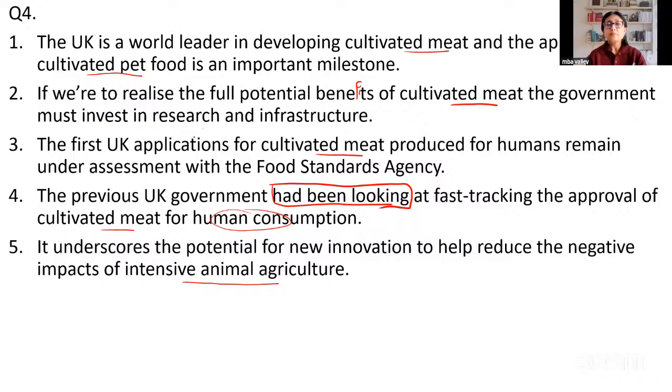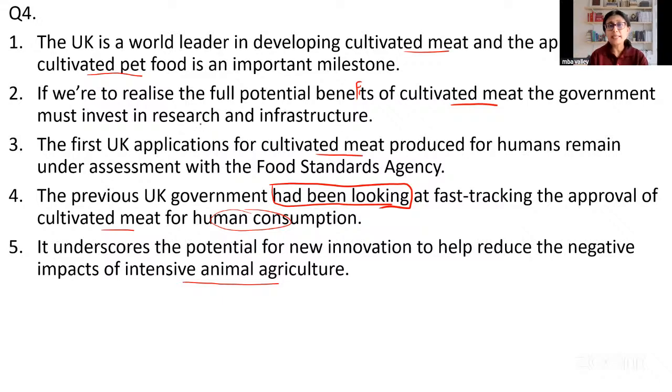Okay, we're still talking about the present and what would happen in the future. And sentence number 5, it underscores the potential for new innovation to help reduce the negative impacts of intensive animal agriculture. While sentence number 1, 2, 3, and 5 talk about the present and the future, it is only and only sentence number 4 that talks about the past.